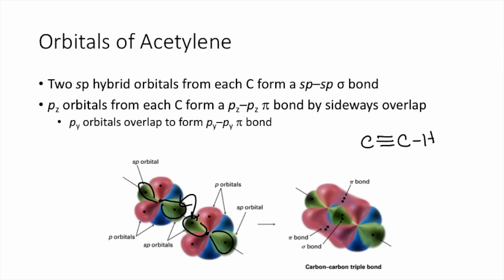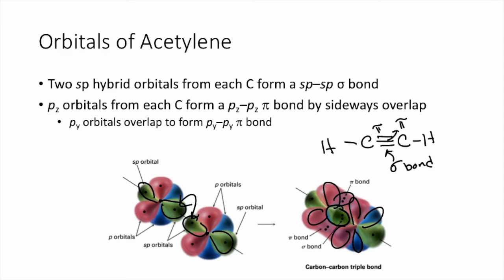So this is the bond line structure of acetylene. So one of those 3 bonds is a sigma bond, and that's formed by this overlap here. The other 2 bonds in the triple bond are both pi bonds, and those are formed from the overlap of the p orbitals here.